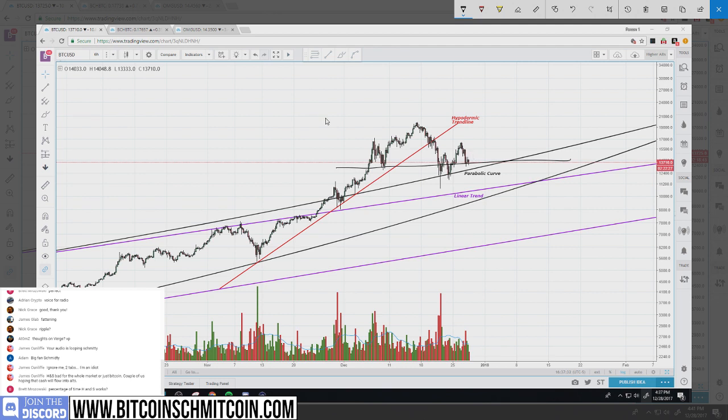But it's something you should keep an eye on, because it looks pretty standard, and the consequences of this moving down are pretty crazy.